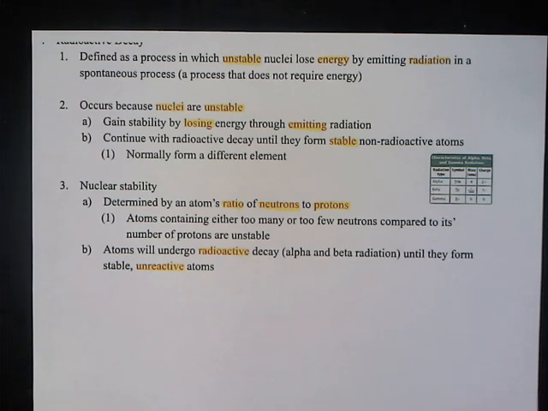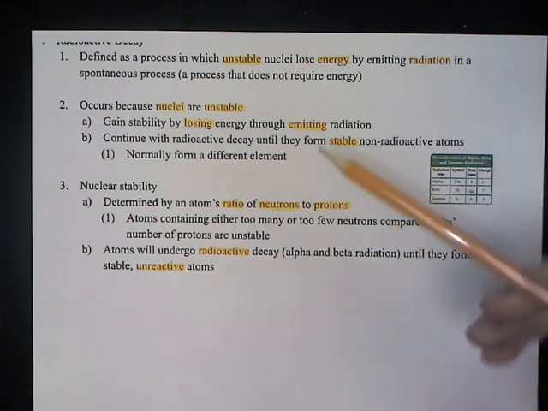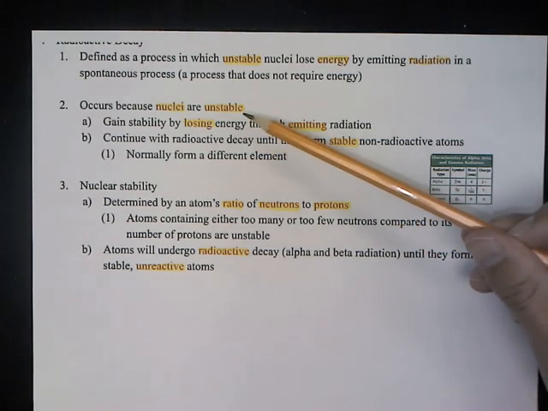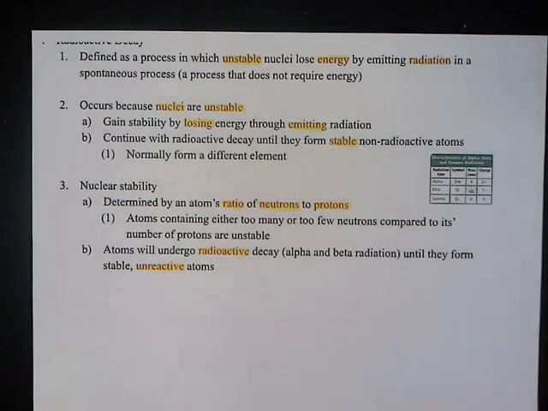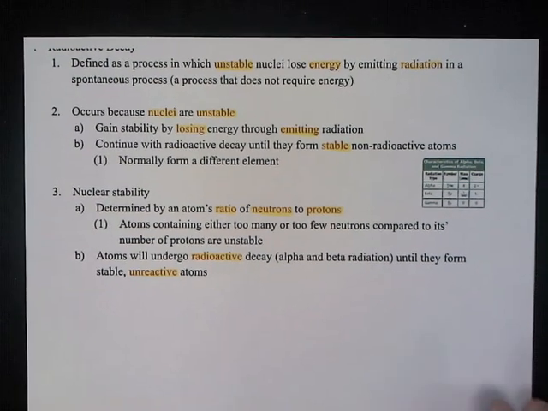And that something that gives is energy, or particles, or rays that we define as radioactivity. Again, nuclei are unstable because they have uneven numbers of neutrons to protons in that nucleus.